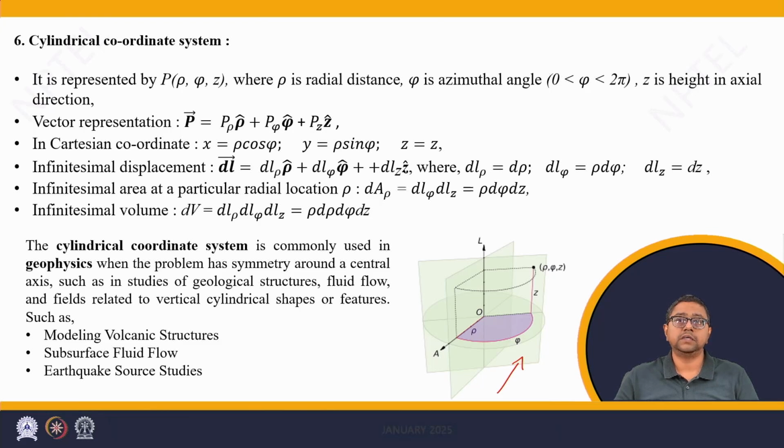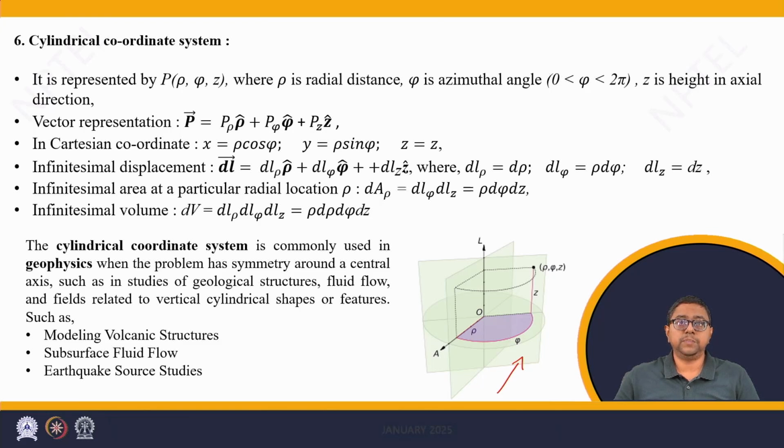It has the characteristics of the Cartesian coordinate system along the z direction and the characteristics of spherical coordinate system in the azimuth and the radial directions. We have the resulting planes similar to Cartesian coordinate system and cylindrical surfaces which change in area along the radial direction.